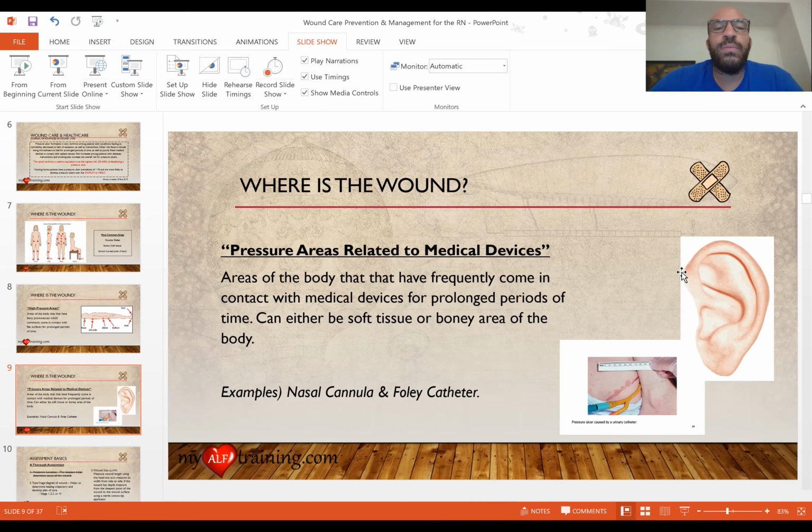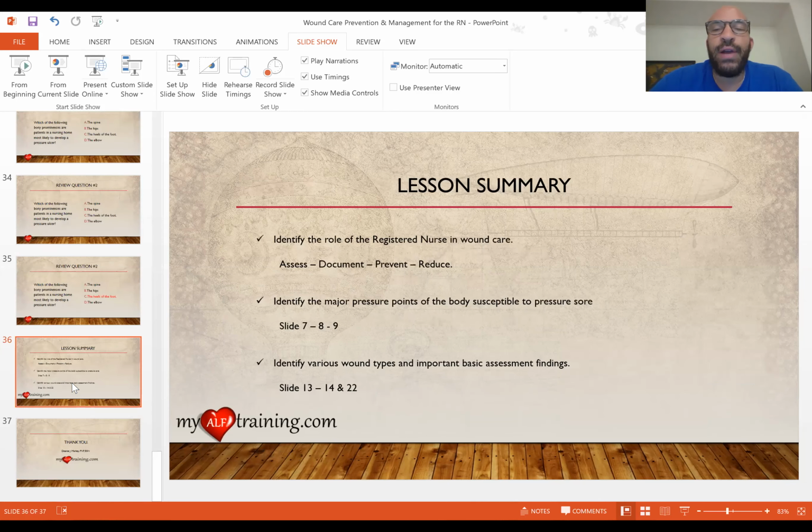This is just to break up the constant pressure. That is the root cause of these pressure sores, the constant pressure against the soft or weakened skin in certain areas.